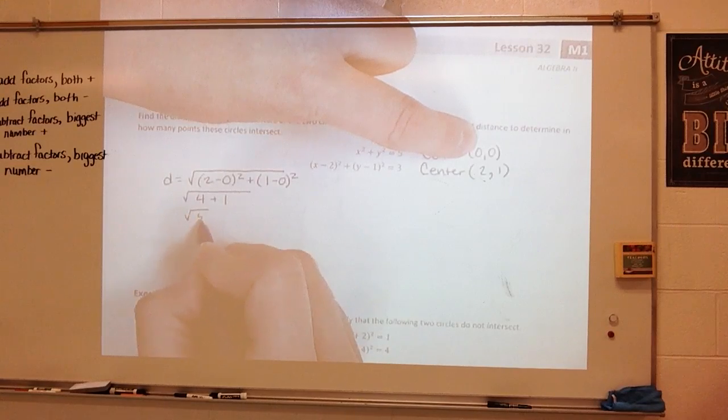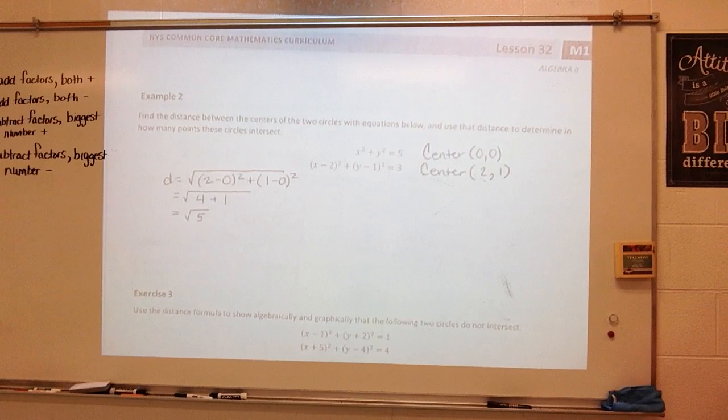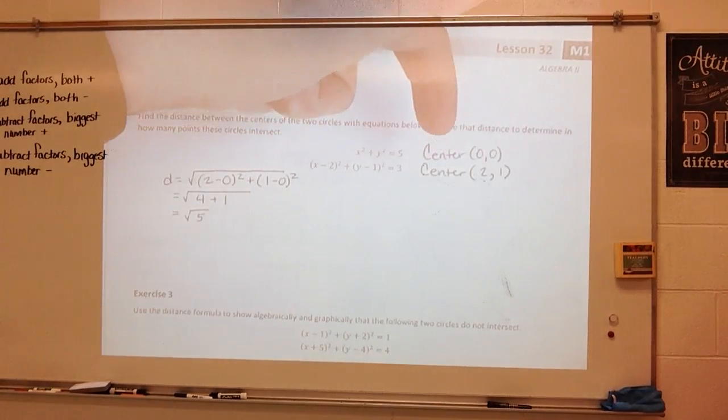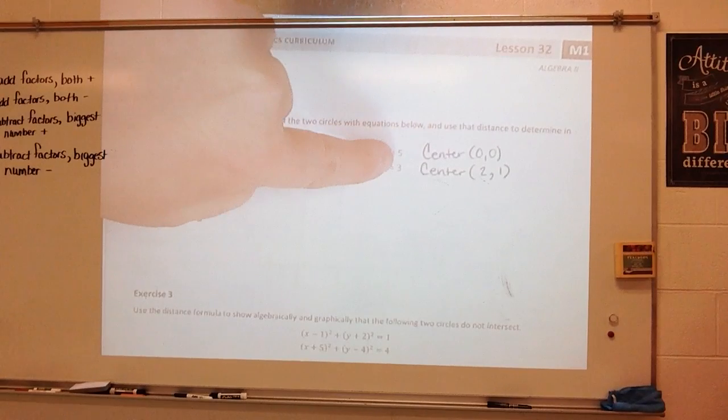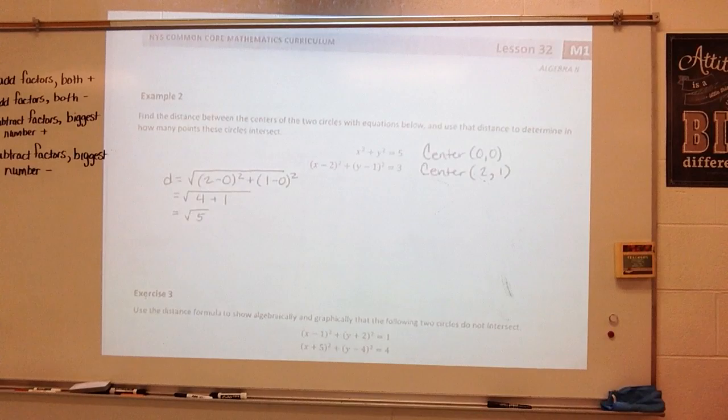So I get the square root of 5. Since the distance between the centers is between the sum and the difference of the 2 radii, look at this. My radii would be the square root of 5 and the square root of 3.